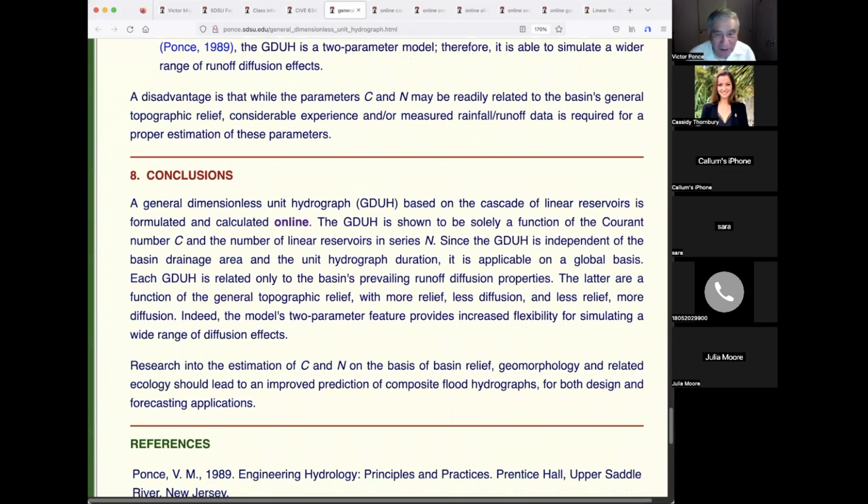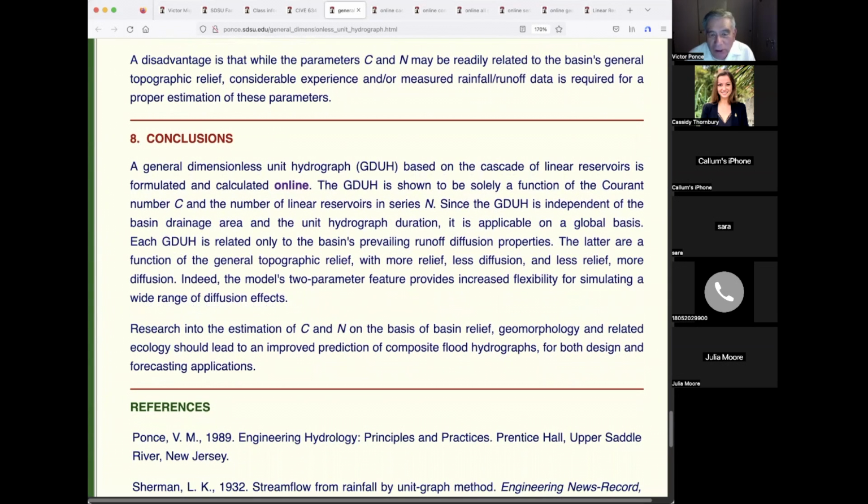One example. Conclusions. General dimensionless unit hydrographs based on the cascade of linear reservoirs, formulated and calculated online. The GDUH is shown to be solely a function of the Courant number and the number of reservoirs. Since it is independent of the basin drainage area and the unit hydrograph duration, it is applicable on a global basis, anywhere in the world. Each GDUH is related only to the basin's prevailing runoff diffusion properties.